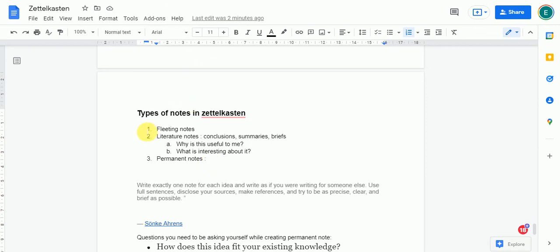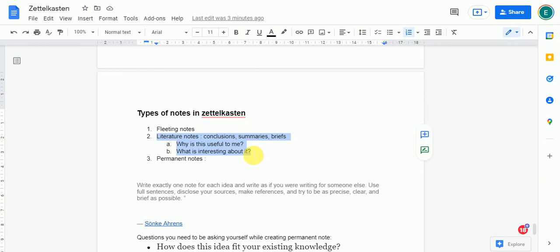So this is how you create 3 types of notes in Zettelkasten. Let's get into a summary of it. Fleeting notes are basically something that comes into your mind while you go throughout the day. This is a type that's not even connected to literature notes or permanent notes. These are just independent notes.